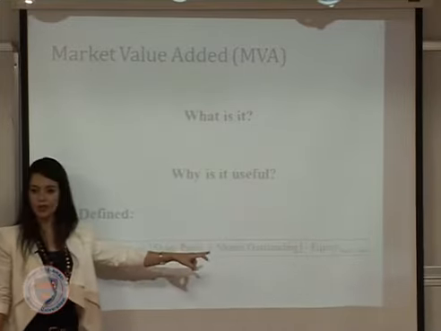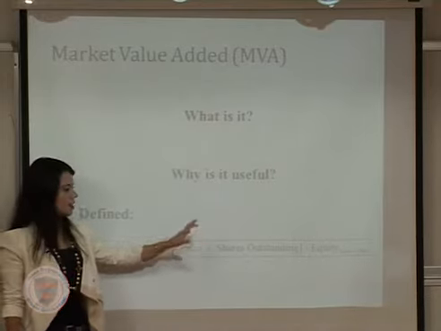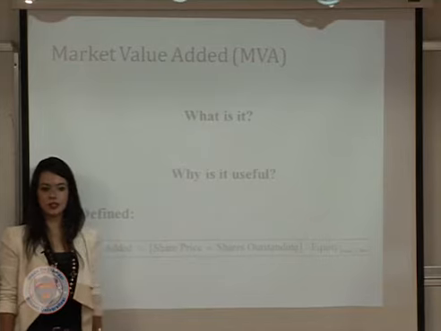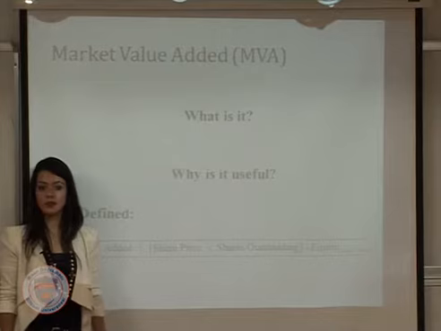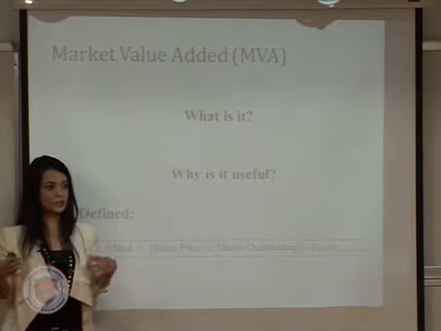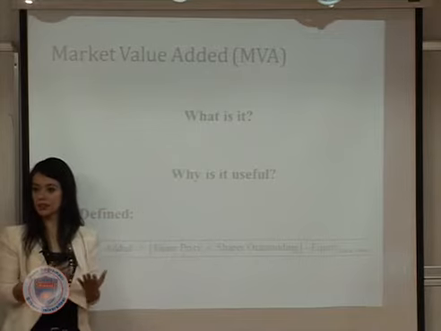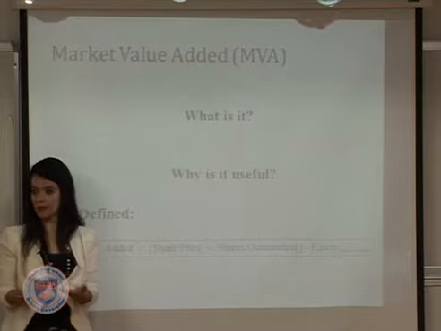Where do you find the book value of equity? From the balance sheet. What is book value of equity? What's the definition of it? So it's basically how much money shareholders invested in the company, right? How many shares they bought at what price, basically.